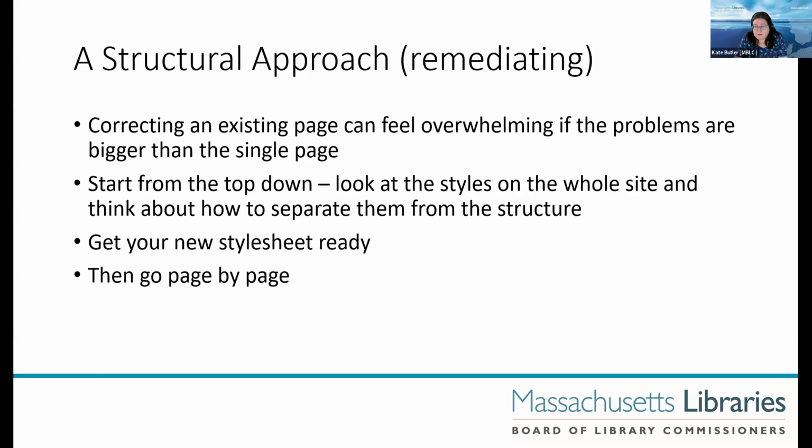Once you've got that, you can start going through the site page by page and swap out the old styles with the new styles. You strip out the bad elements and then you publish the new version of the page in place of the old one. And meanwhile, the rest of the site is fine because you've kept all of that old CSS and code still there while you're working on it.